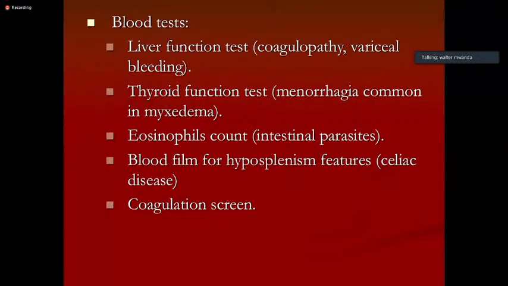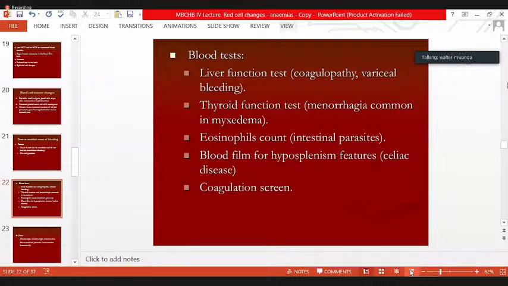We may also do other blood tests to show us the functions of the kidney, of the liver, of the thyroid, because we know these are some of the conditions which may directly lead to blood loss if there is a coagulopathy, if there are varicose veins, or poor utilization of iron because of thyroid functions, which may also manifest with myxedema.